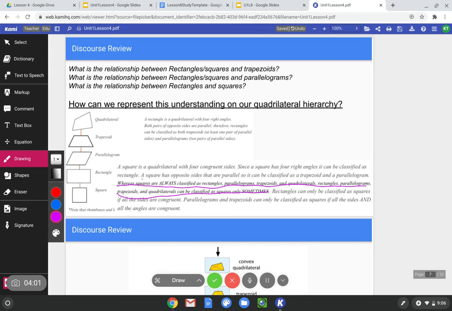Now, my line isn't too pretty, but one of the most important parts of this slide is that a square is always classified as a rectangle, parallelogram, trapezoid, and quadrilateral. To be a square, it must meet the rules and expectations for rectangle, parallelogram, trapezoid, and quadrilateral. So you have to go through all these phases before you get to square.